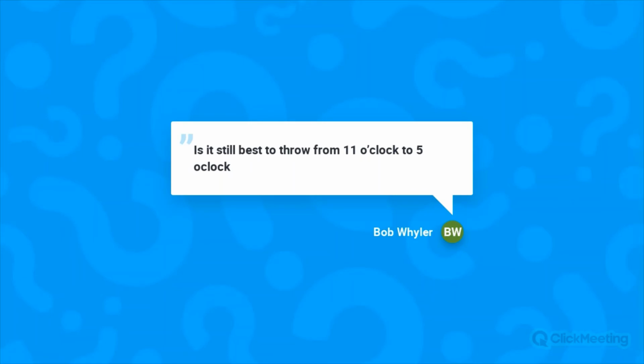Is it still best to throw from 11 o'clock to 5 o'clock? So when I asked him, he was referring to it as his 12 o'clock is the back of the circle. So 11 to 5, the only thing that we would refer to like that 11 to 5 profile of movement would be your left leg from the peak drop position to left foot drive coming out the back.